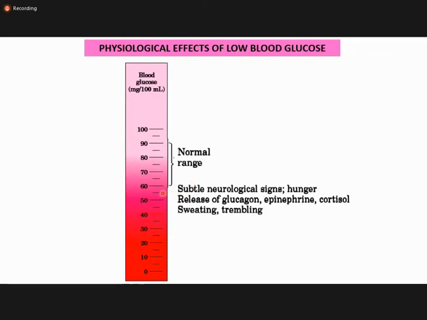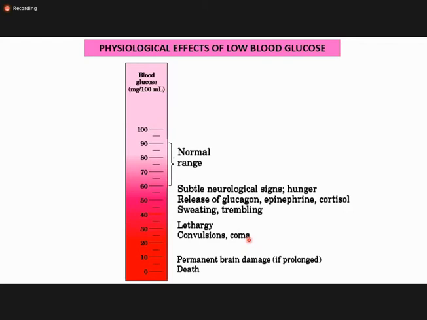As the blood glucose concentration falls below 60, there will be neurological signs, hunger, because of the release of glucagon, epinephrine, and cortisol, sweating, and trembling accompanying the hypoglycemia. Then, if the blood glucose concentration goes below 40, this is severe hypoglycemia, with signs and symptoms of lethargy, convulsions, and coma. If this hypoglycemia is not treated, it may lead to permanent brain damage and death.